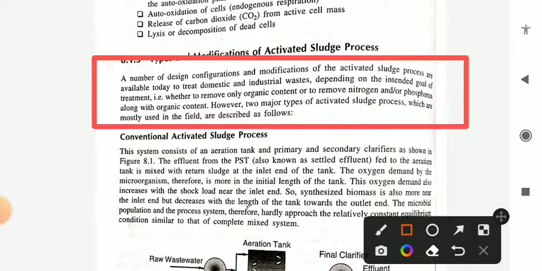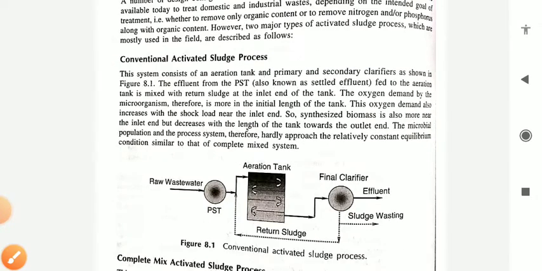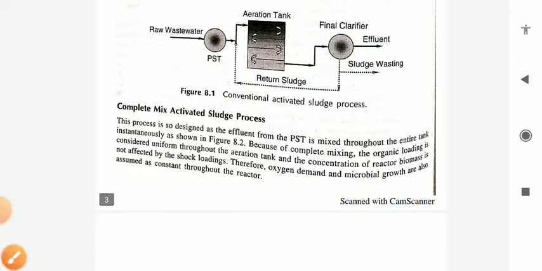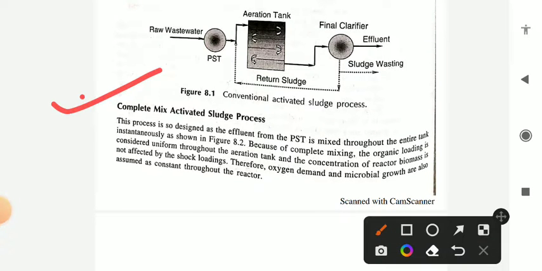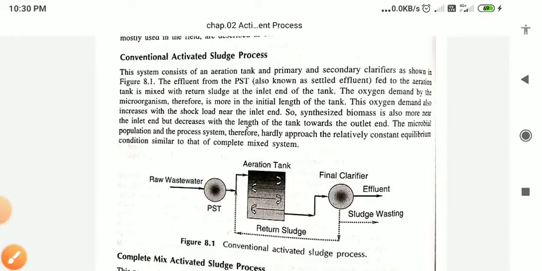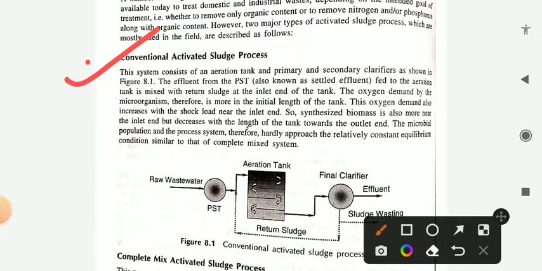However, two major types of activated sludge process are mostly used in the field and are described as follows. Okay, the two methods we have to study in this topic: first is the conventional activated sludge process, and then the complete mix activated sludge process. Conventional and complete mix. First we will see the conventional activated sludge process, how it works and its mechanism.